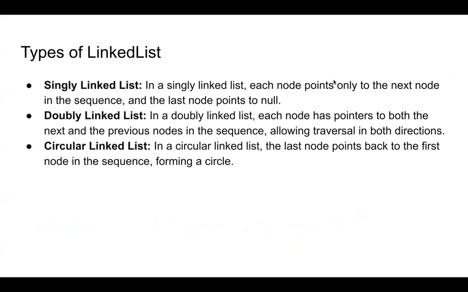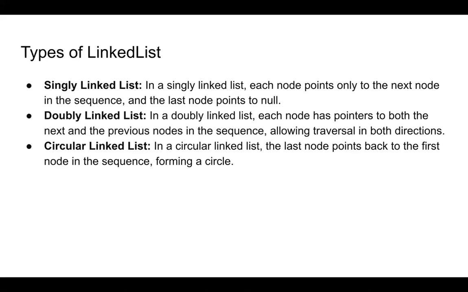Now, a doubly linked list is a kind of linked list where each node has pointers on both sides. One would be pointing to the previous node, the other would be pointing to the next. And in a circular linked list, the last node always points back to the first node.